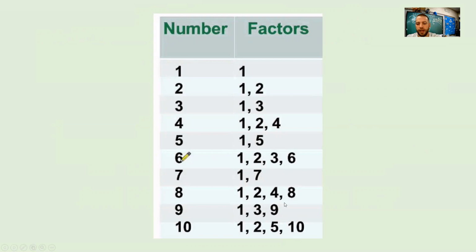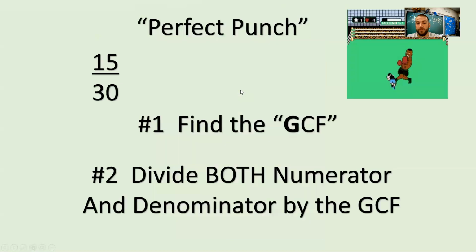So if we were trying to find the biggest factor that 8 and 4 have, what is it? Well, 4. See? So everyone has 1 in common. And when you're simplifying with one punch, you just find the biggest factor that both have in common.